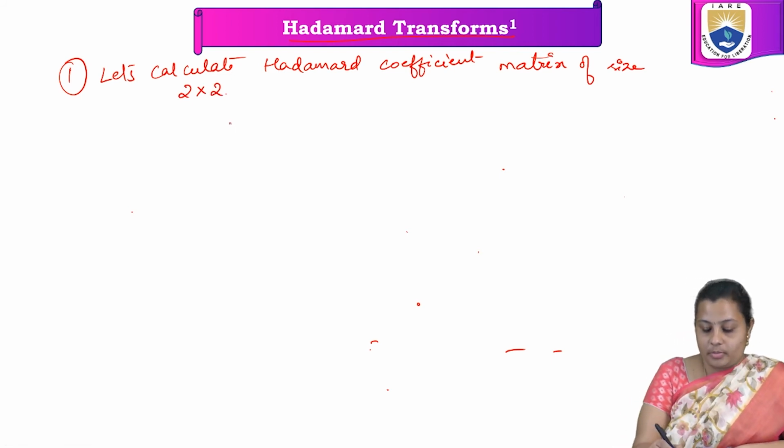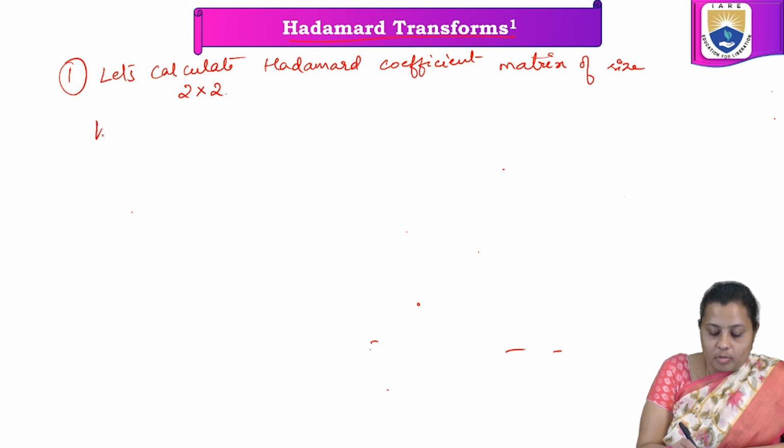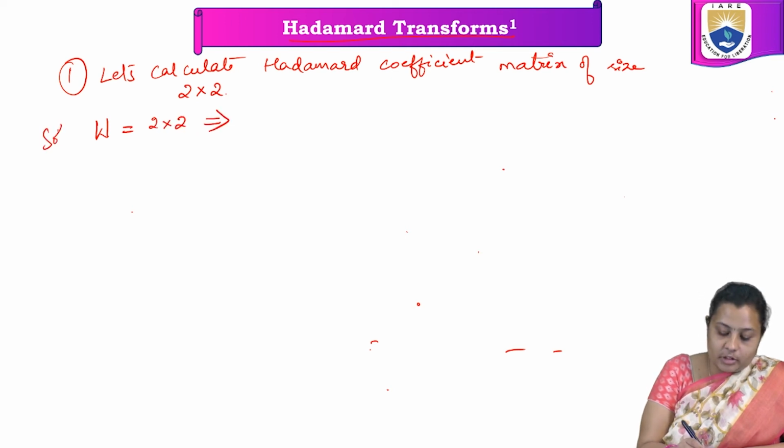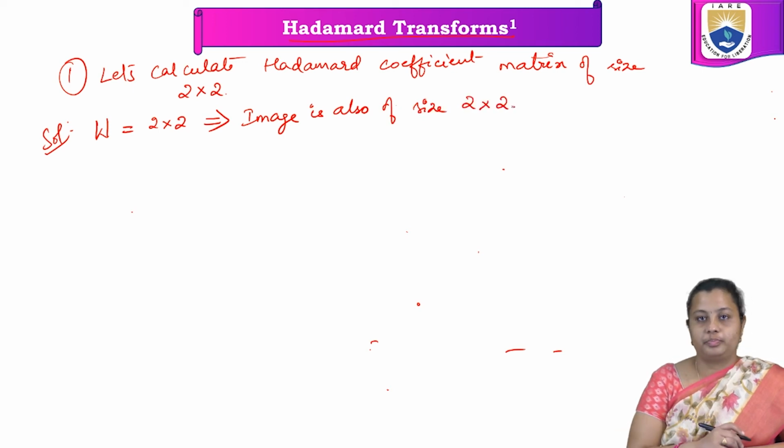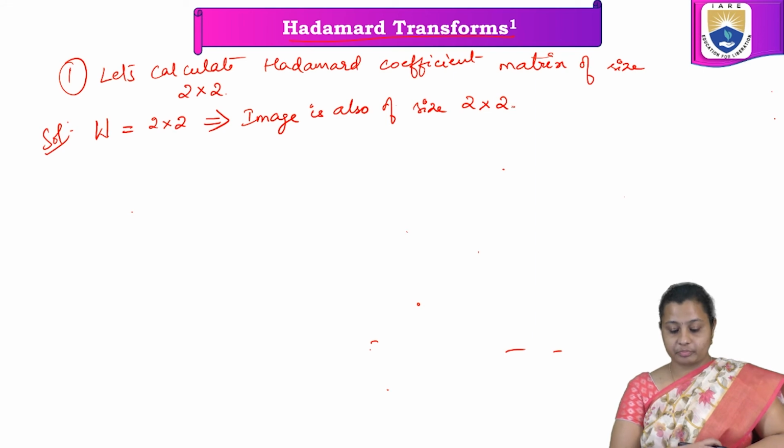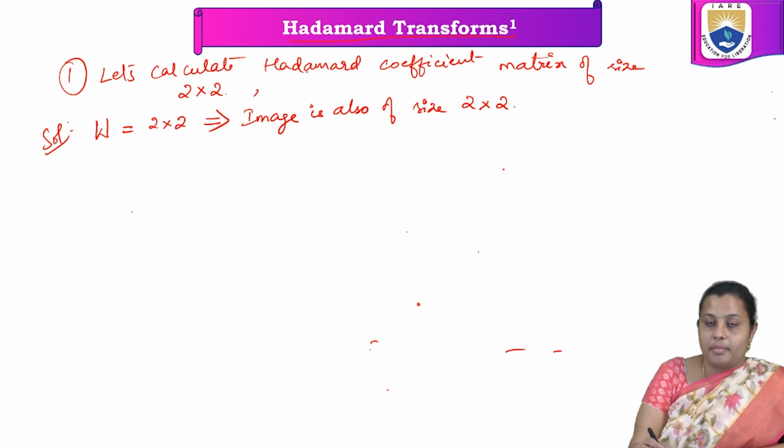So the Hadamard transform coefficient matrix is of size 2 cross 2, which implies that our image is also of size 2 cross 2, right? Now suppose each and every value is represented by bits. Say n is given as 4.